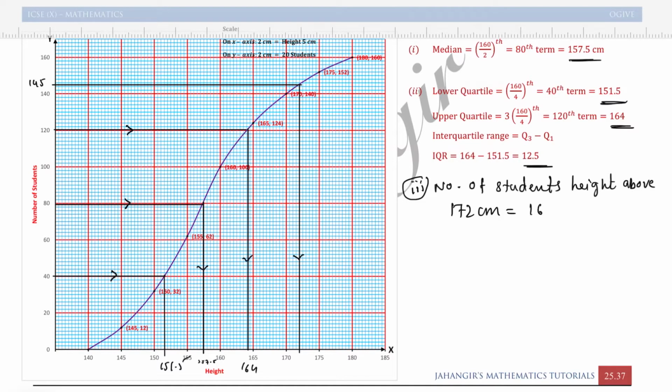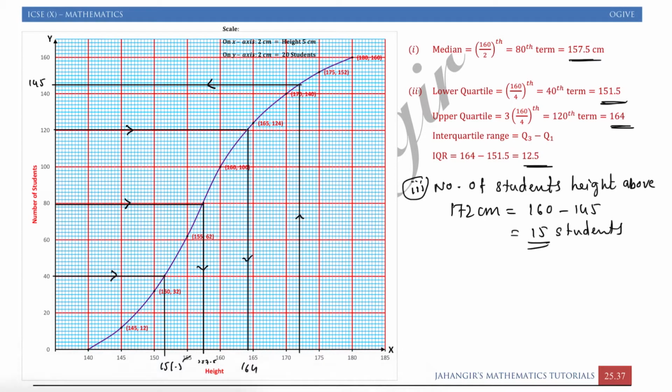So that is 160 minus 145, which is equal to 15 students. So 15 students have height above 172 centimeter. So you can mark an arrow like this and like this. Hope this part is clear.